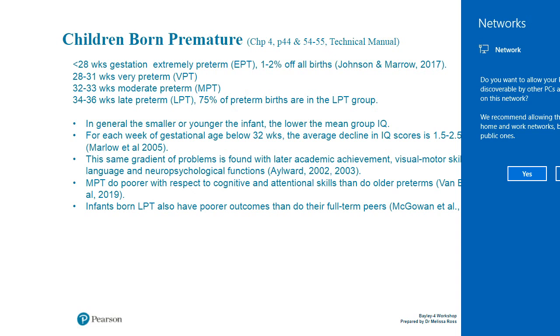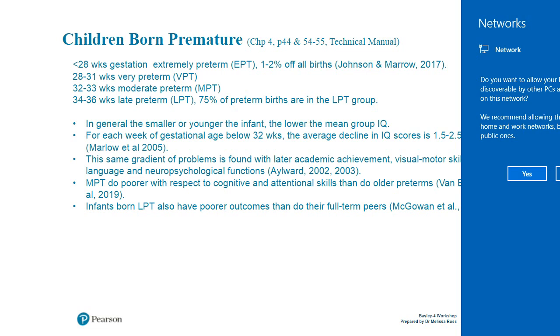In general, the smaller or younger the infant, the lower the mean group IQ. According to Marlowe, 2005, for each week of gestational age below 32 weeks, the average decline in IQ scores is 1.5 to 2.5 points. However, keep in mind that this group that Marlowe presented in 2005 may be a different group to what we are seeing now.